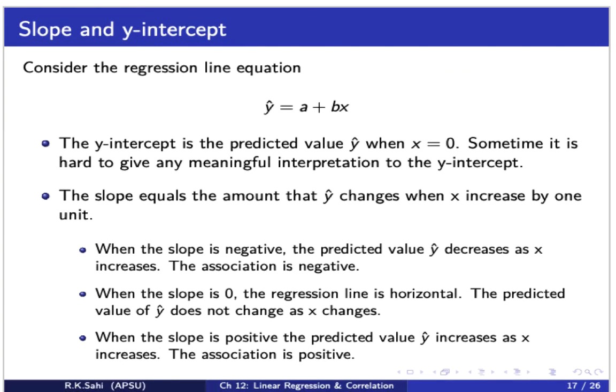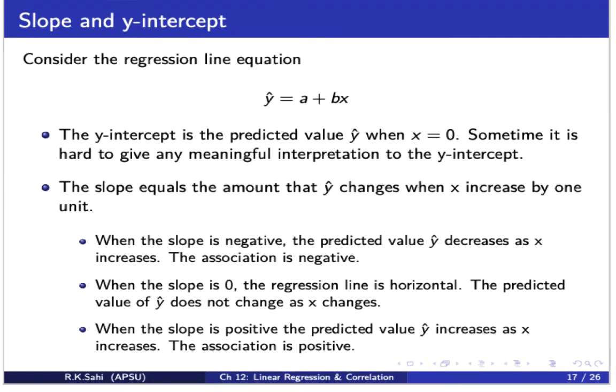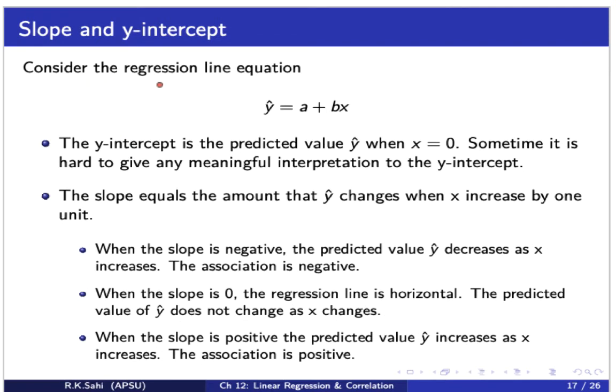Let's look at some more theory with slopes and y-intercepts. When we have a regression line equation given by y cap equals a plus bx, the y-intercept is the predicted value y cap when x is 0. Sometimes we don't even get any meaningful interpretation of this y-intercept. That's okay, because we're just representing the set of data values given to us with a line. Now, what does the slope do? Slope has more information.